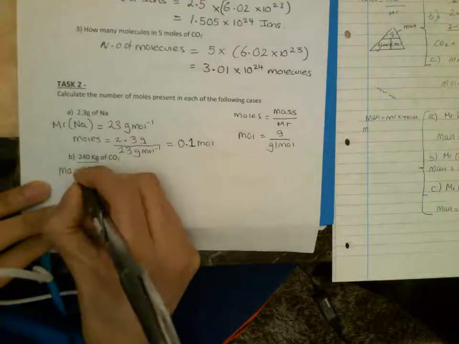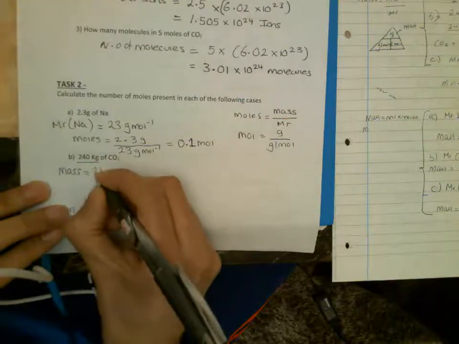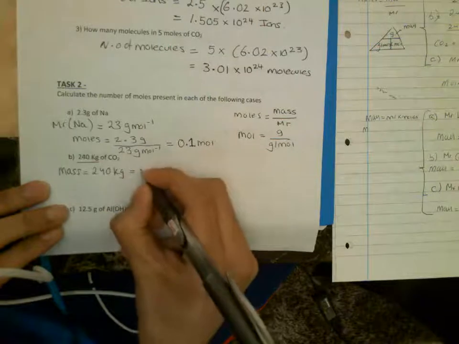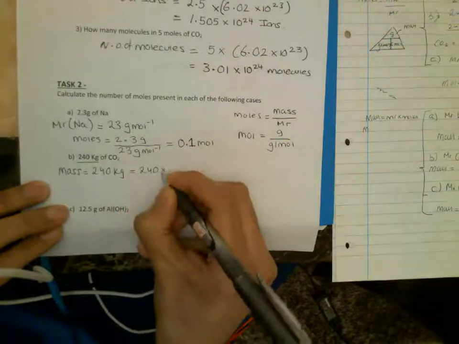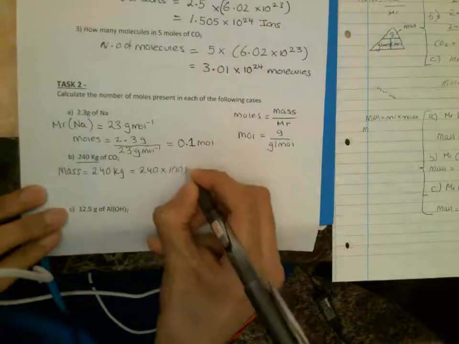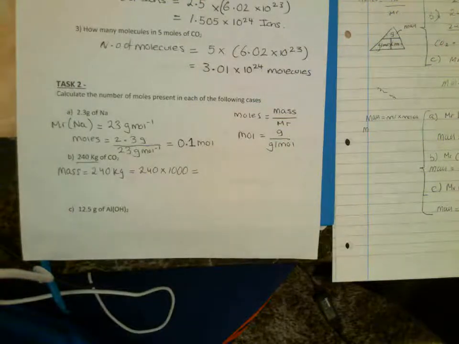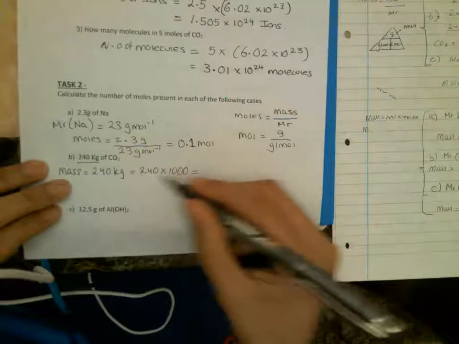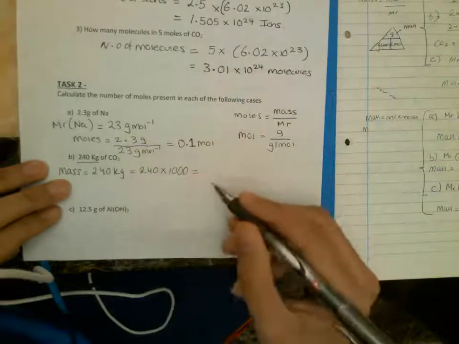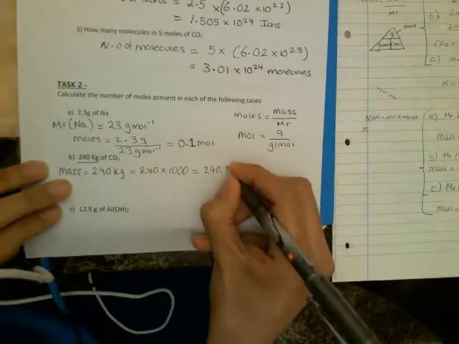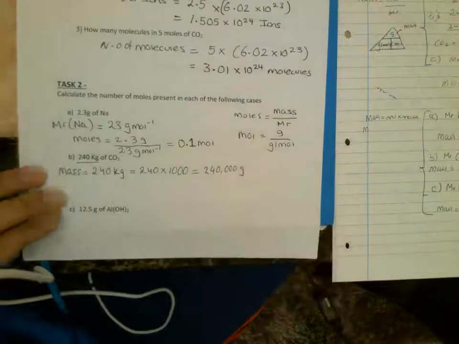So mass equal to 240 kilograms, and then we would do 240 times 1,000, because 1 kilogram has 1,000 grams. So to convert from kilograms to grams, we times by 1,000, and that would give us 240,000 grams.